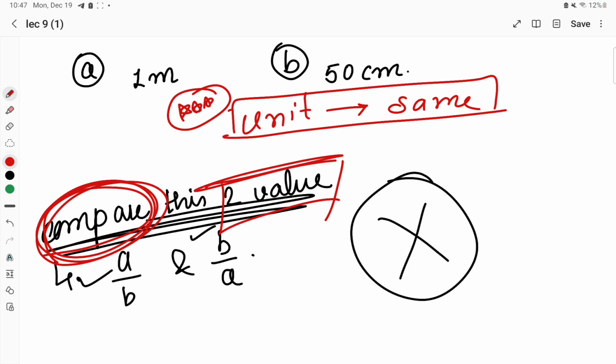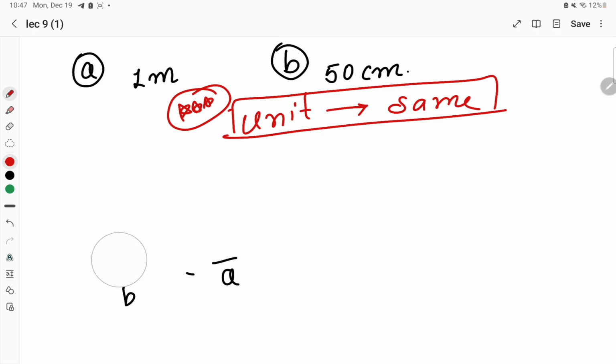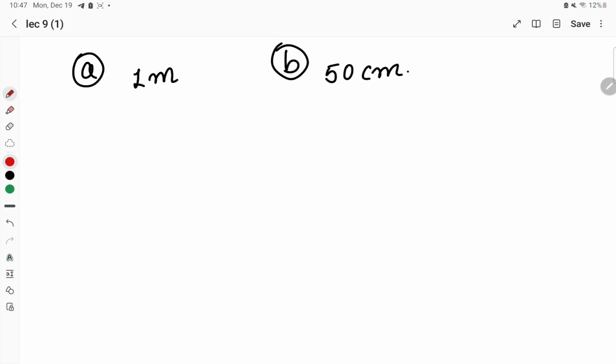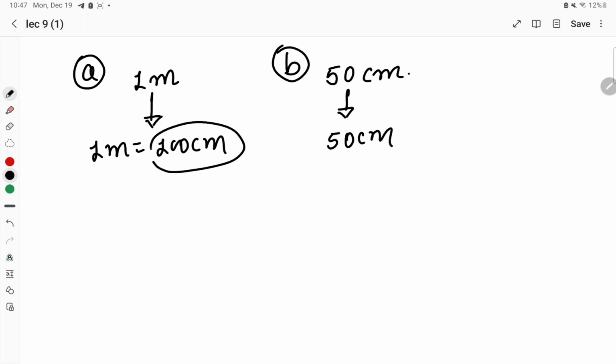We can clearly see that one value is 1 meter and the other is 50 centimeter. I can convert 1 meter into centimeters, or the 50 centimeter into meters. As I know 1 meter is equal to 100 centimeter, and the other value of B is 50 centimeter, now both values are in the same unit and I can compare them.